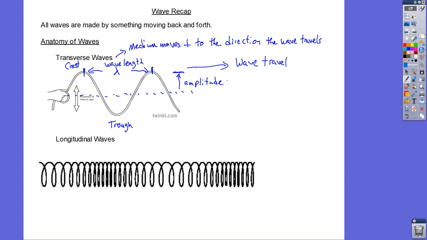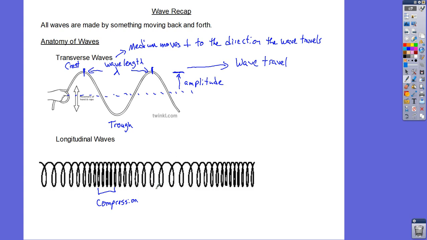Okay. And then for longitudinal waves, instead of crests and troughs, we have these places where it's mashed together. We call those compressions. And there are places where they're spaced farther apart than they normally are when there's no wave going through the slinky.